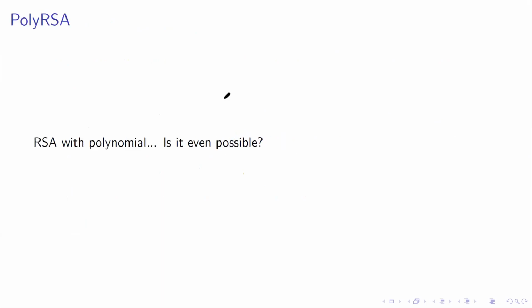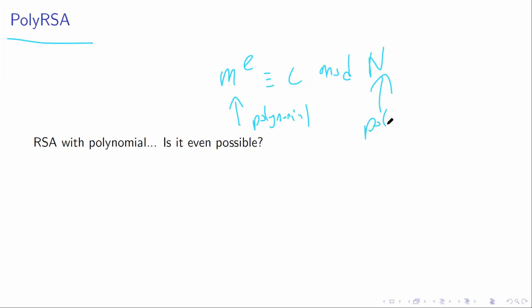The first one is poly RSA. Basically, RSA is like m raised to the power of e is equal to c, mod some big N. What I did is that I replaced this m with a polynomial. And if I replace this m with a polynomial, I also replace this with a polynomial, and this I also replace with a polynomial.